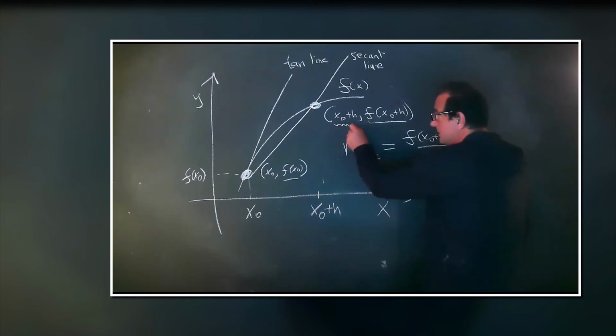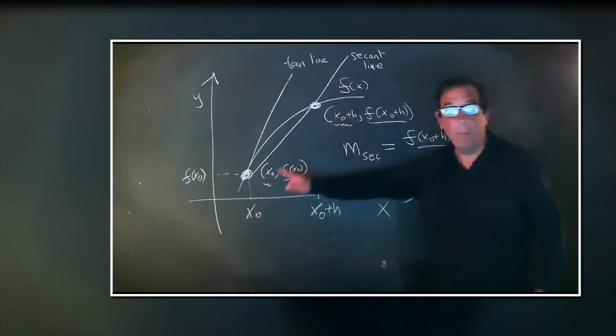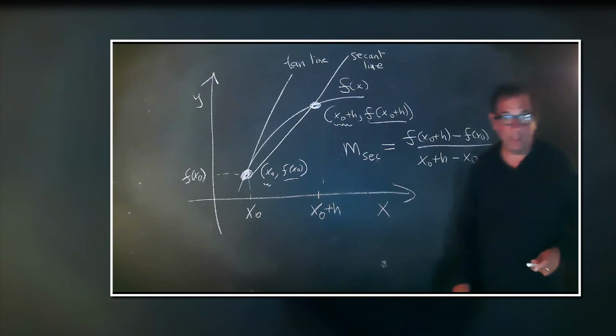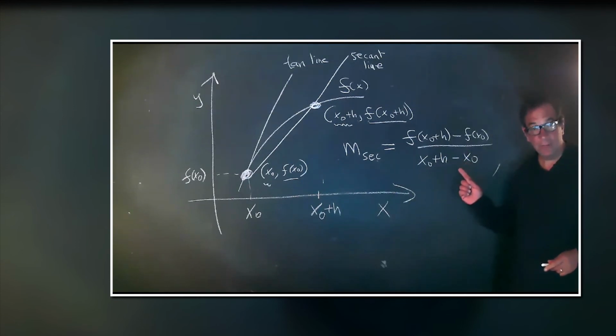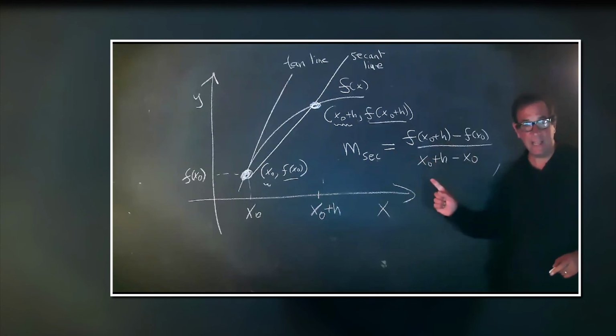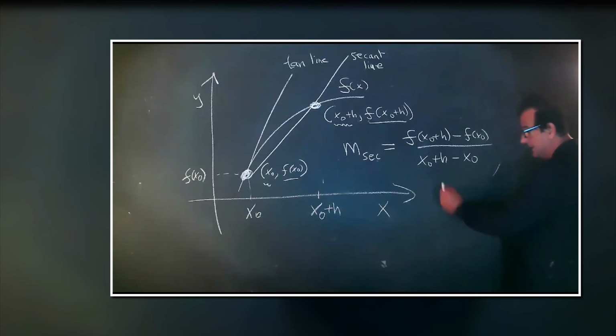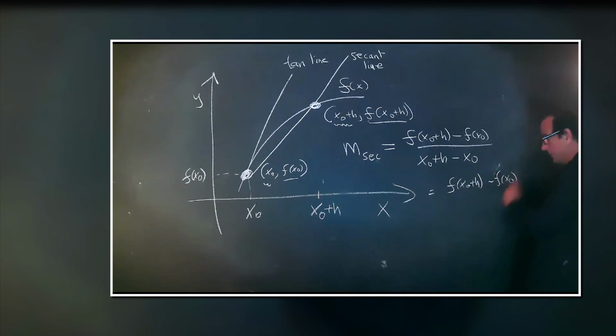So the change of x is going to be x naught plus h minus x naught. Well, if you're looking closely, you can see that the x naughts are going to cancel, so the slope of the secant line can be written a little bit nicer. It can be written as f of x naught plus h minus f of x naught all over h.